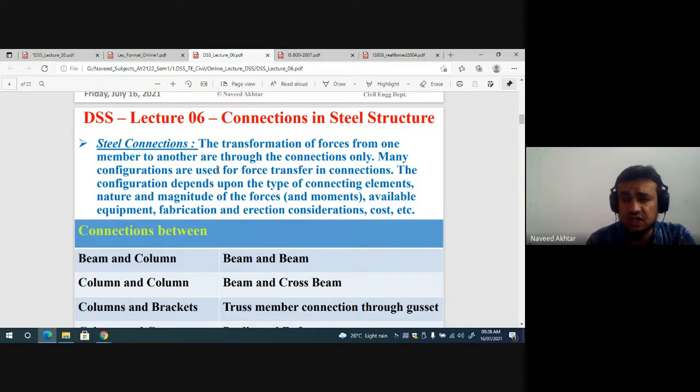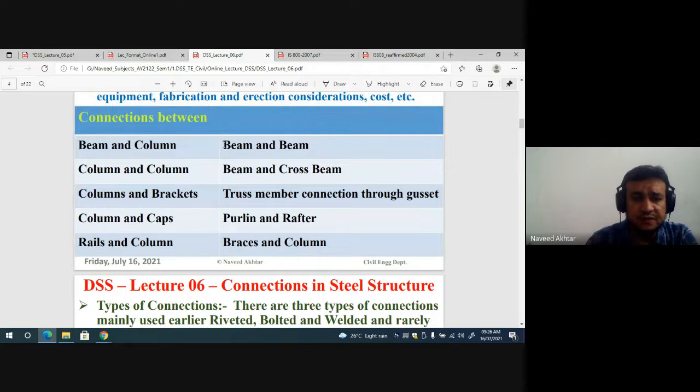Also, the cost and economy of the section are considered while designing the connection and while transferring the forces or load from one member to another member. So for beam and column, there are different connections. Beam to beam connection, we saw yesterday in our class on Wednesday.